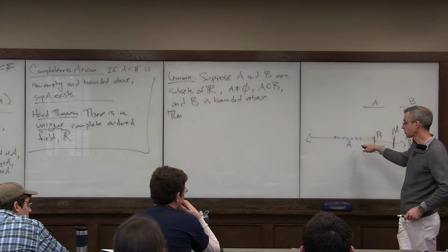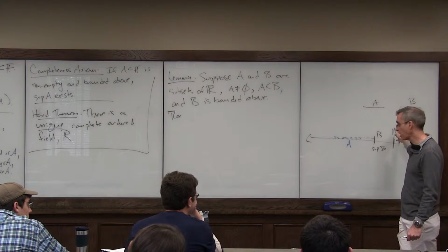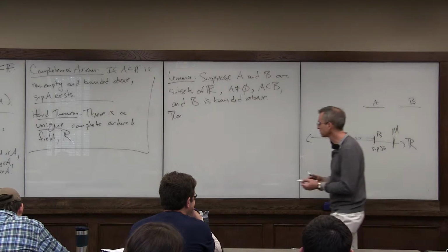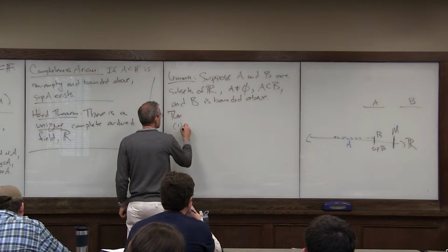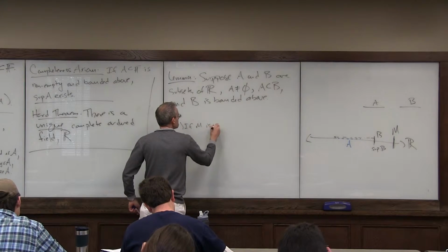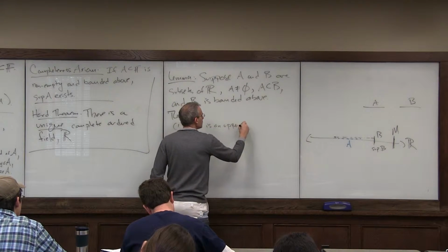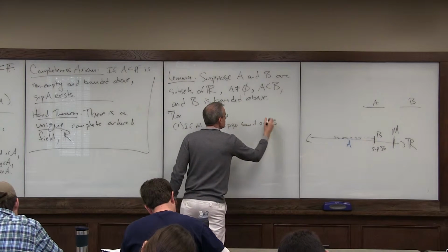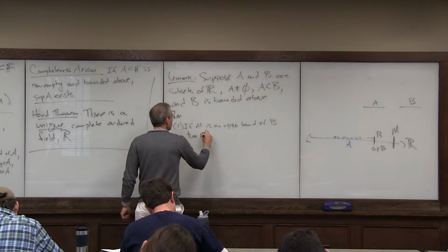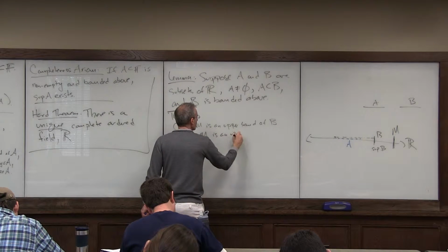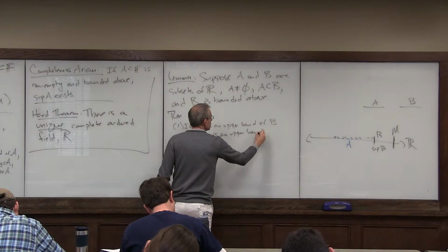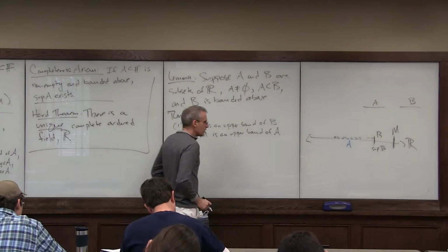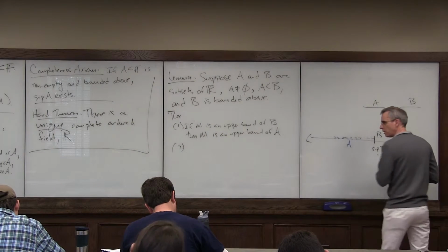Yeah, so from this picture it seems clear that every upper bound of B should be an upper bound of A. Okay, so that's the first thing we want to show: if M is an upper bound of B, then M is an upper bound of A.